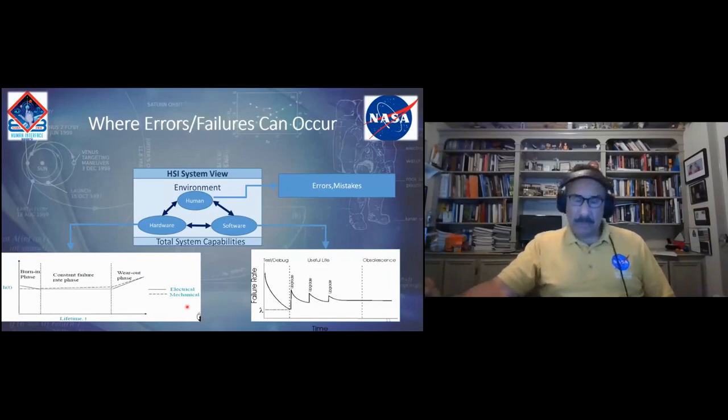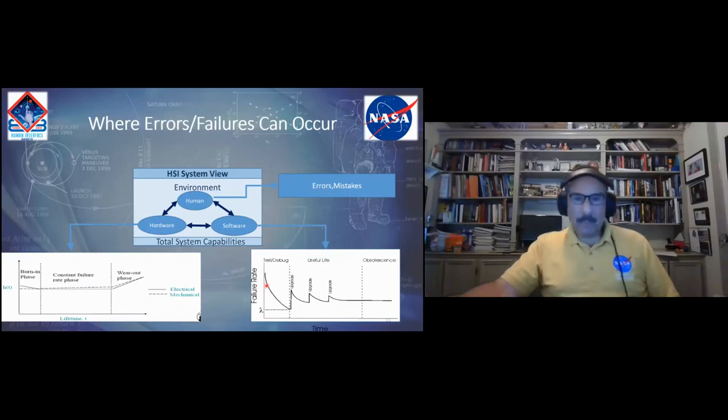Now, contrast that with software systems. Software systems don't have moving parts or electronic parts. It's code. And how do you treat code in terms of failure rate? You treat code by the number of lines of code.